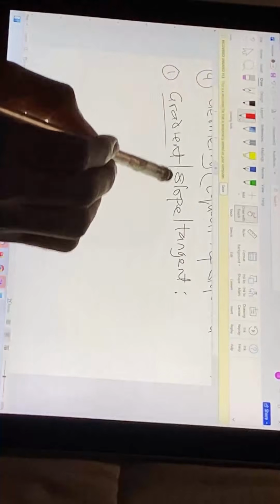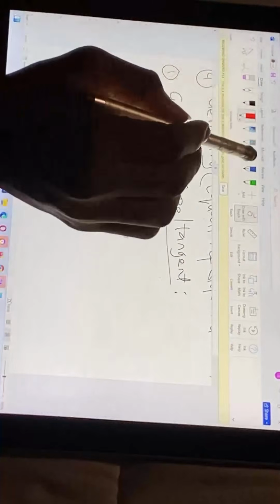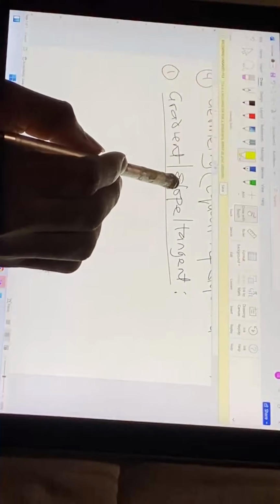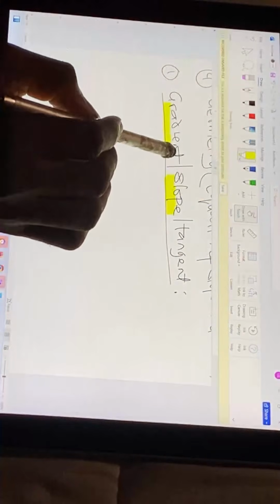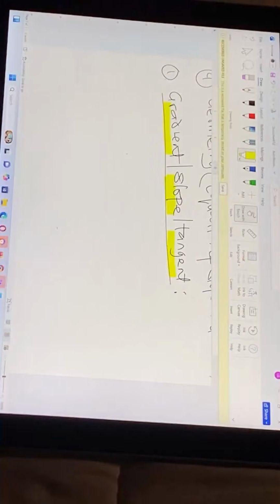All right, let's take the one we know first. We know more about slope here. Anything about slope is the same as this, is the same as this.